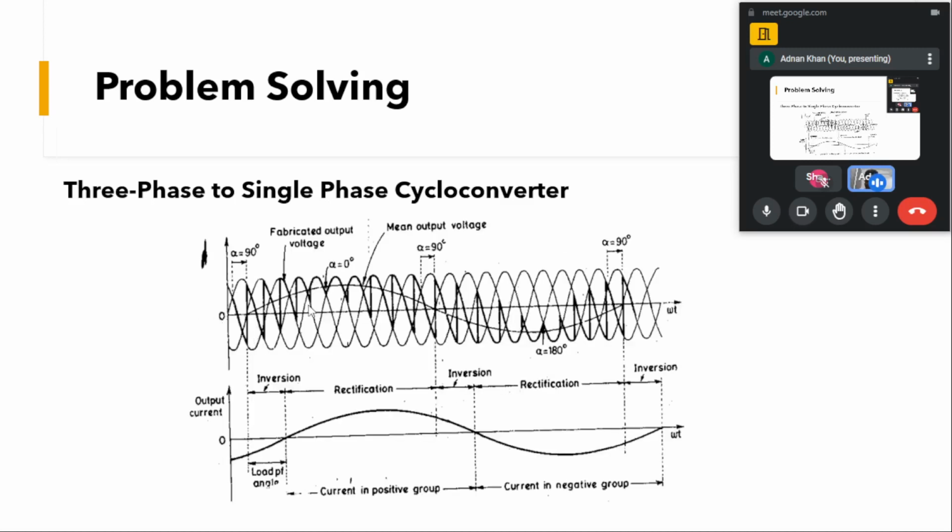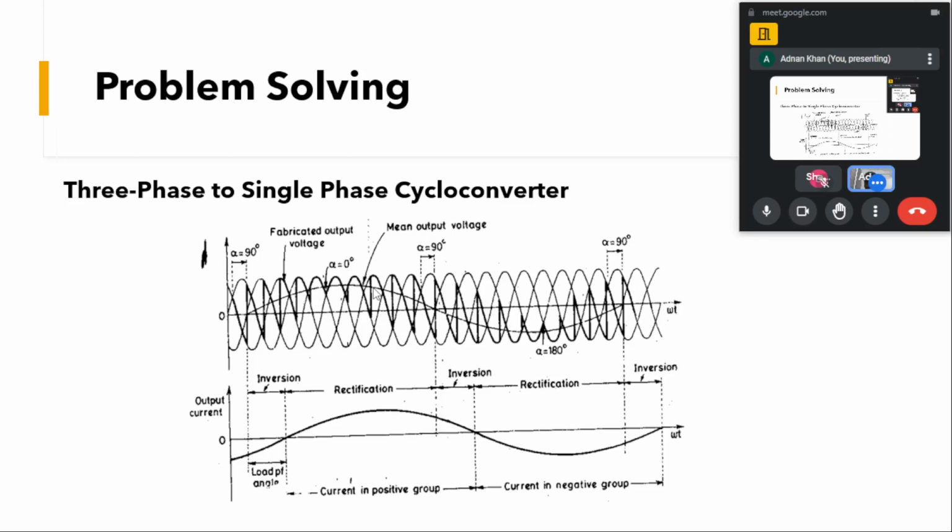Now when we have three-phase voltages, depending upon alpha, or any triggering angle, we can have different instantaneous voltages. With respect to different alpha, we get different shapes.